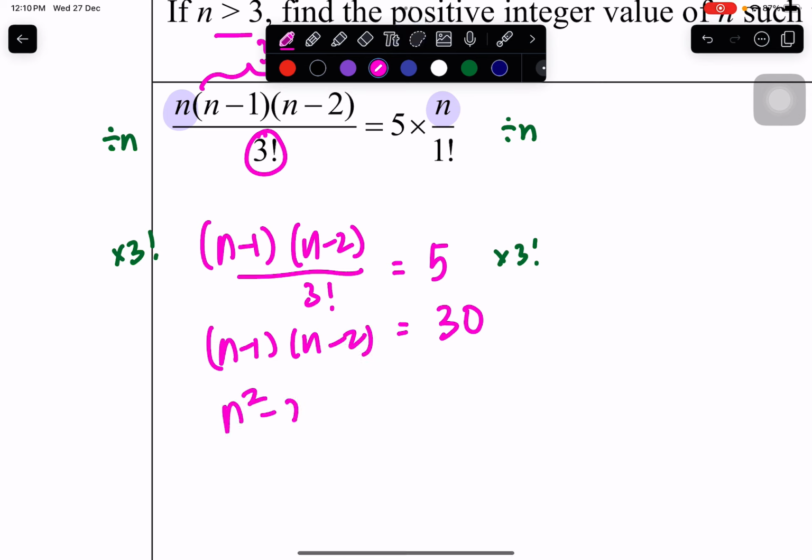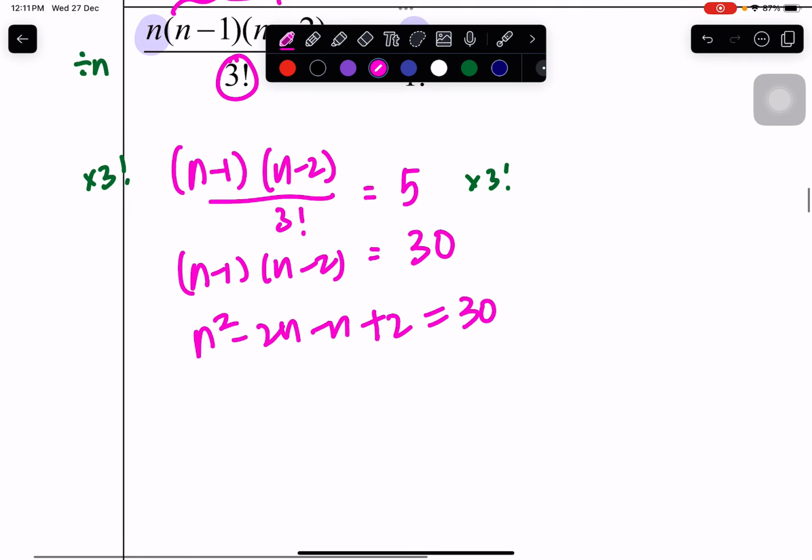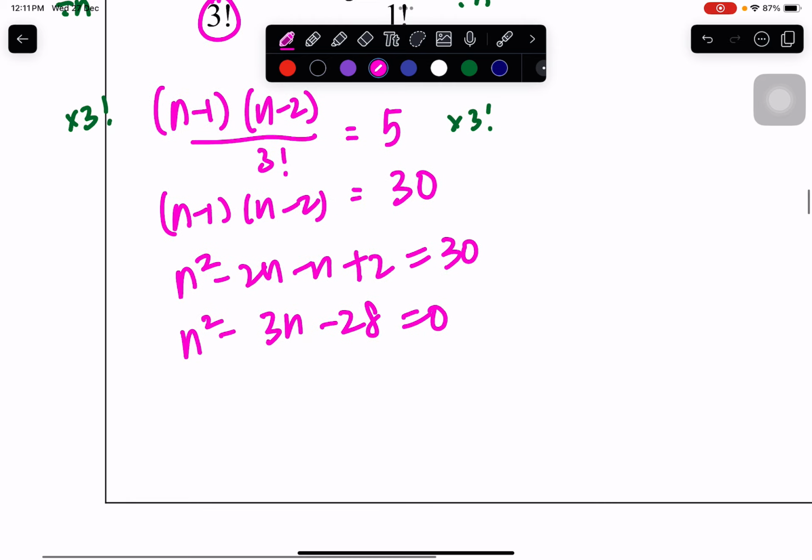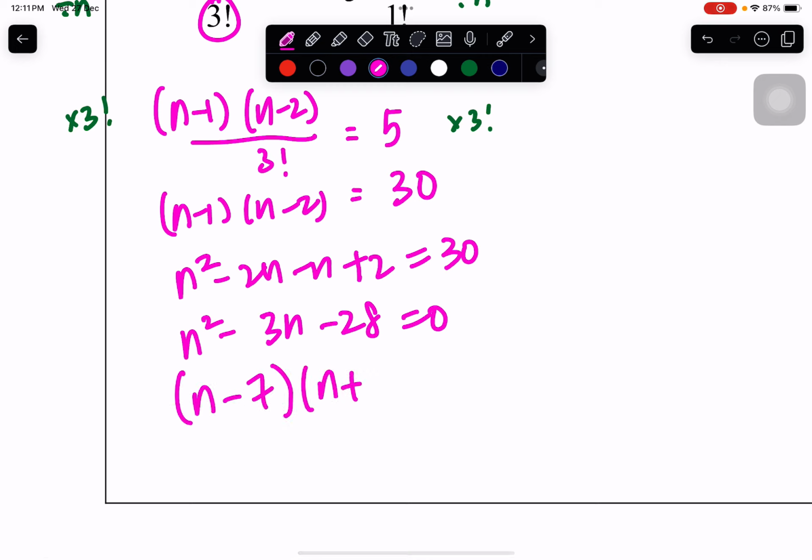Expand, and subtract 30 on both sides. If I were to factorize, I should get something like that: negative 7 plus 4 is negative 3.